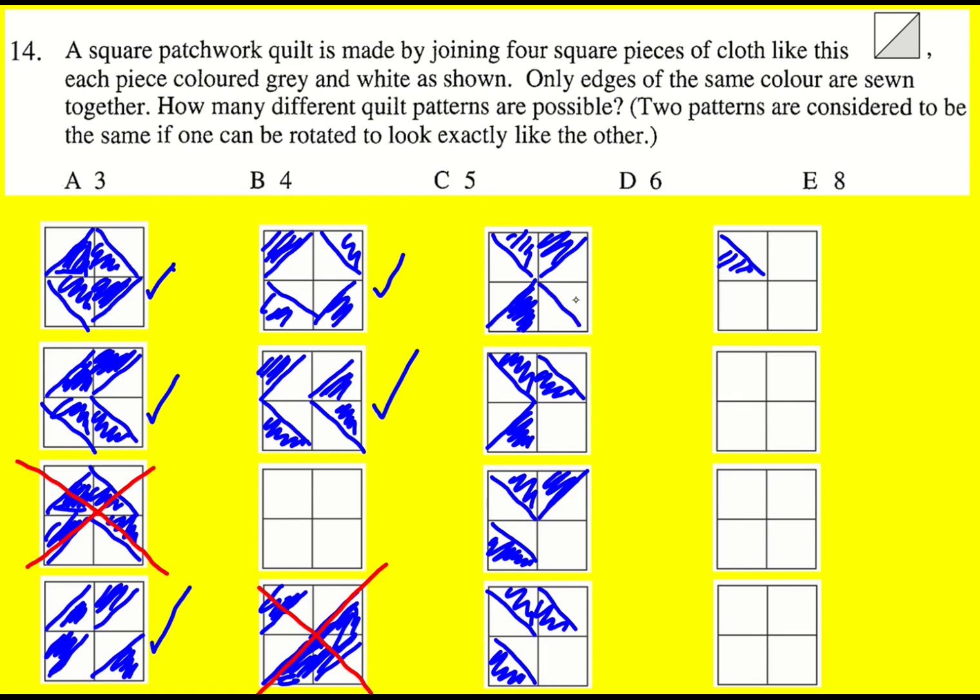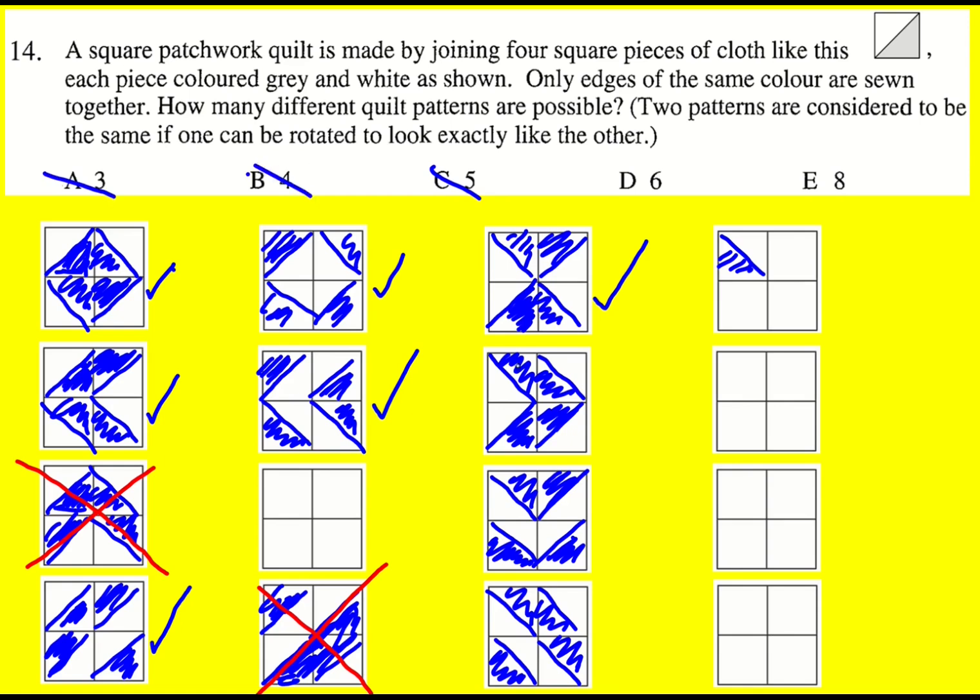And then my fourth one's decided for me. Okay, I managed to get another one. Yeah, this one is actually different. So I'm up to 6.